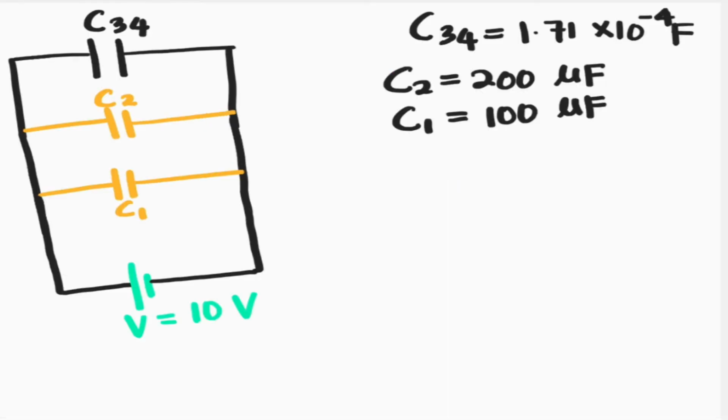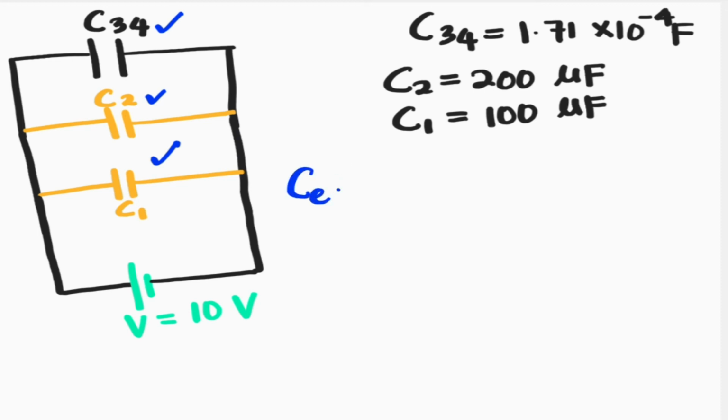And now look at this circuit. C34 that we combined before, C2 and C1. All these capacitors are connected in parallel, right? So combine all these capacitances.